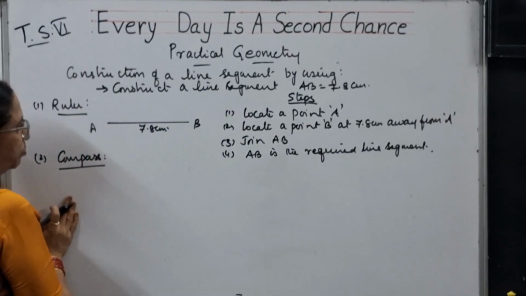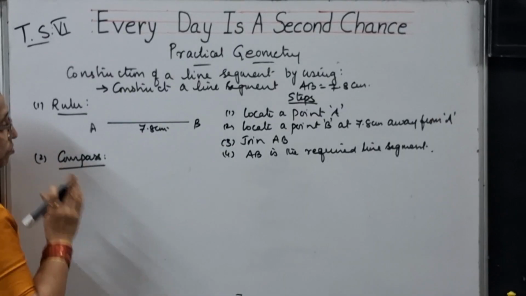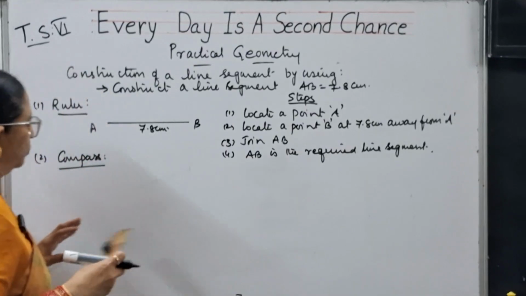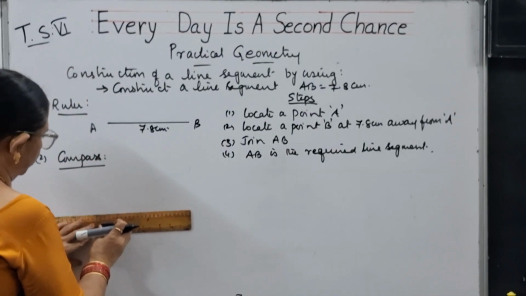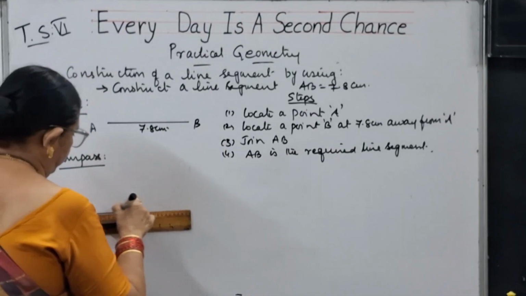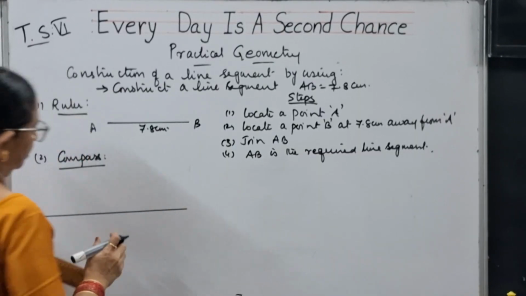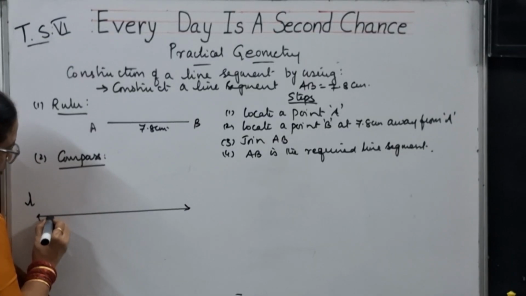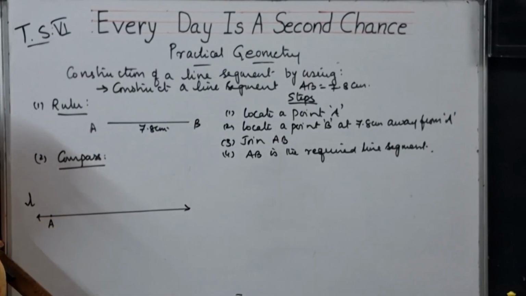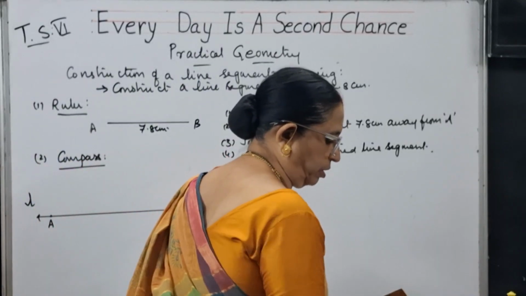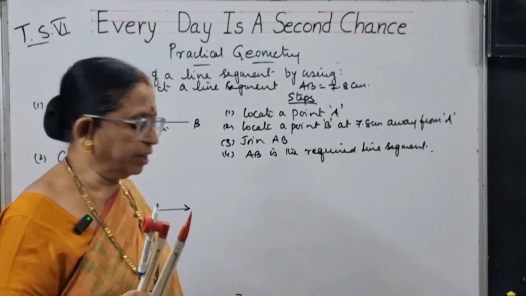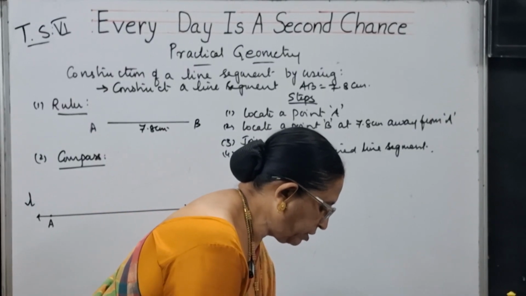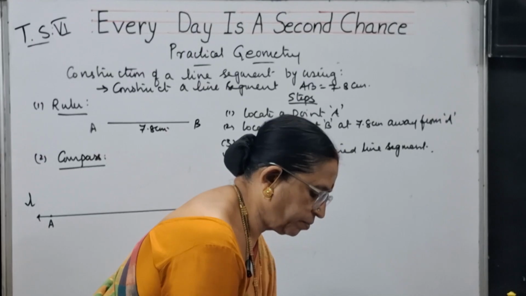Now, second point, how to draw a line segment by using a compass. If you are drawing a line segment by using a compass, first you have to draw a line. Without measuring, just a line you have to draw, a line L. Then locate a point A here. Now, what you need to do is, you have to take a compass and extend the compass up to 7.8 centimeters.